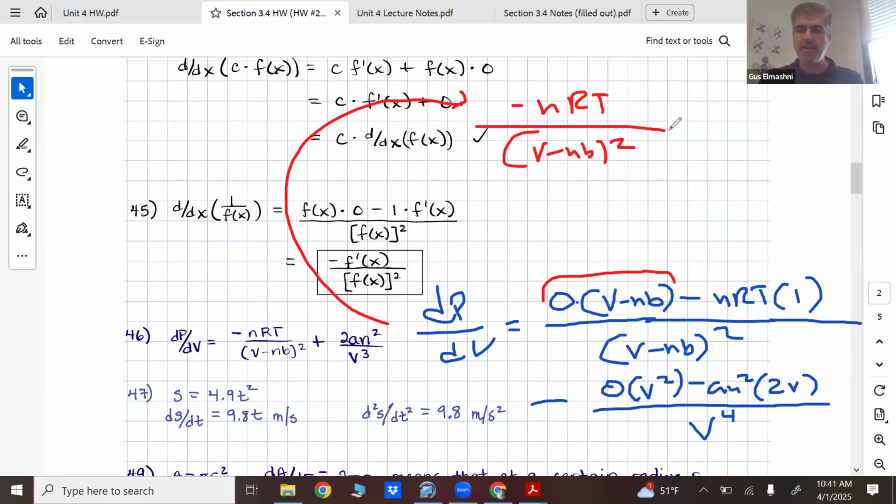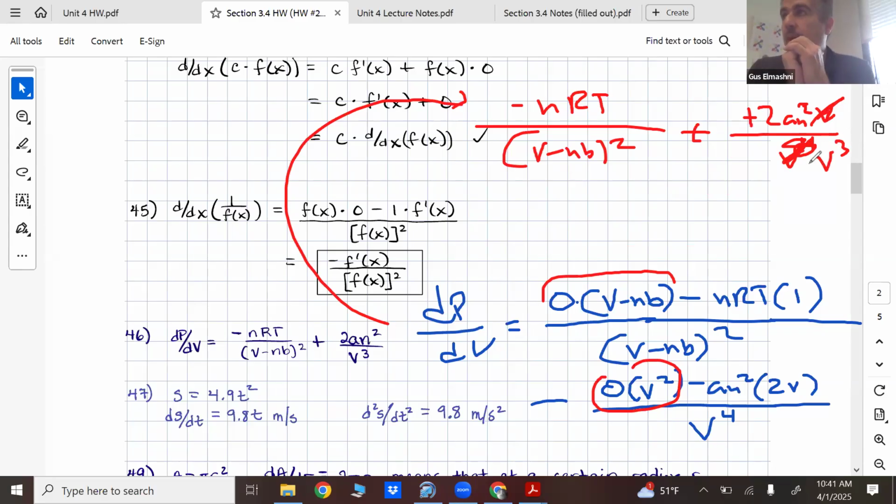Oh yeah, look at that. Okay, that's good. And then you have minus, what's this over here? 0. And that's negative 2an squared b, negative 2an squared b. And don't you have a v to the fourth on the bottom? Yeah. Now clean it up a tad. Doesn't that become minus? And don't those cancel? They become v cubed. And there you go. That's how you got it.